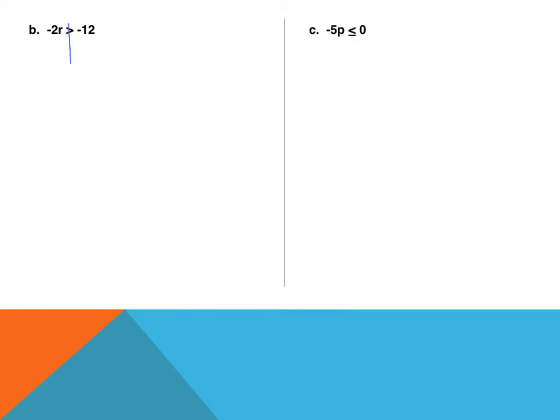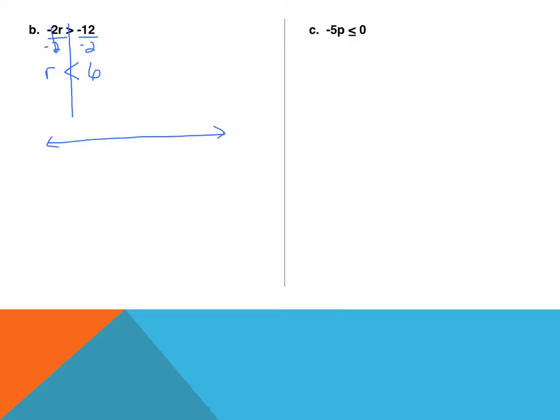Alright, on B, this is negative 2 times r, so we'll divide by negative 2. Now when I divide by a negative, that's when I flip the symbol. So then I have r, and then it switched from greater than to less than, and then negative 12 divided by negative 2 is positive 6.